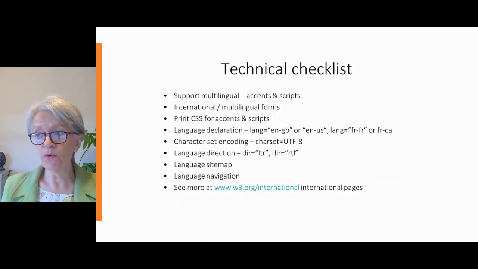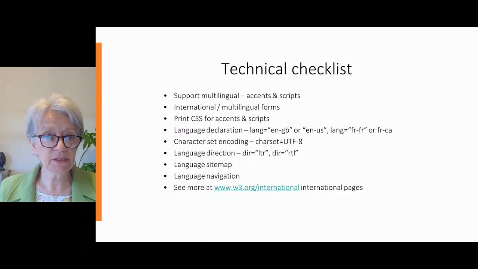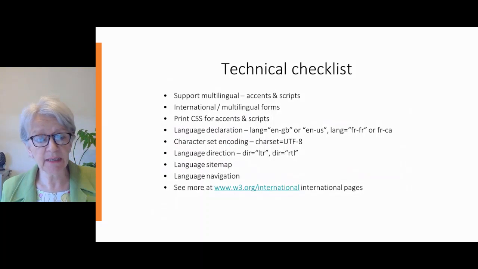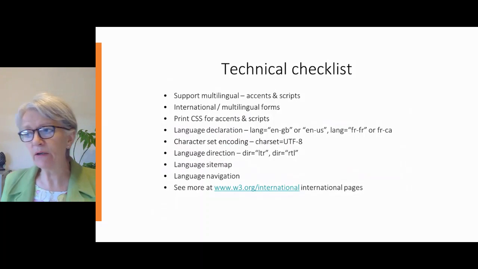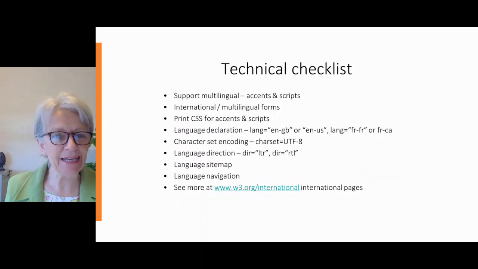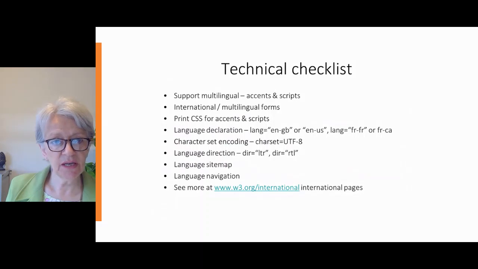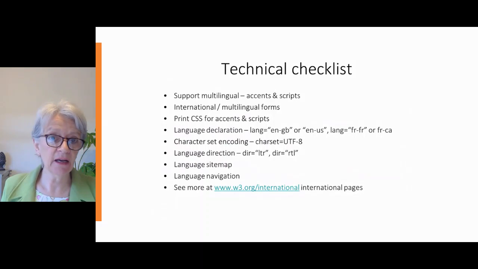So for the UK, for example, you would put lang equals en-GB. Please don't use UK because that is the Ukraine. So you would want to use GB here. WordPress is set as standard to lang equals en-US.